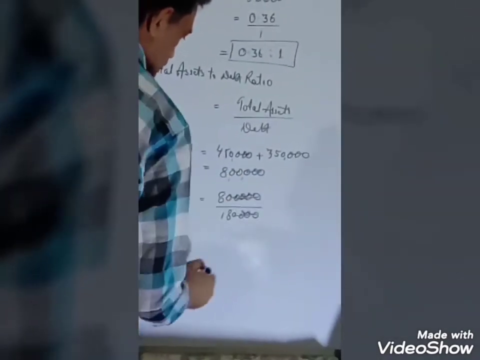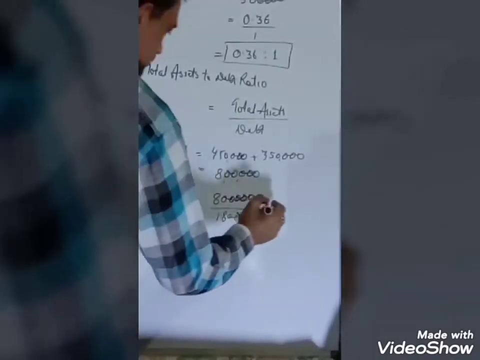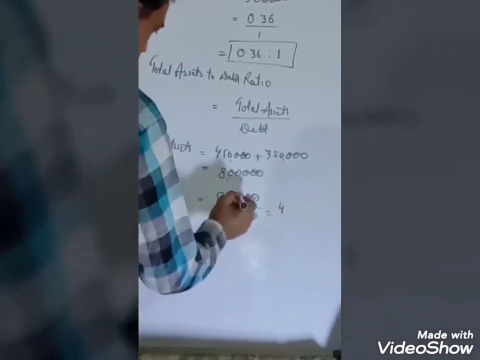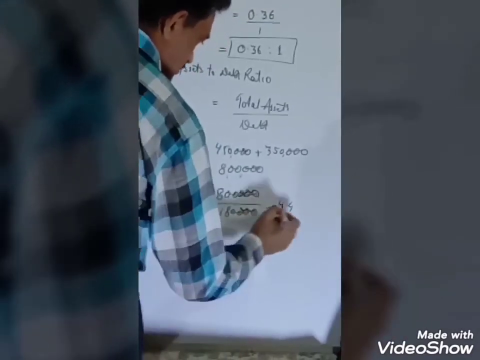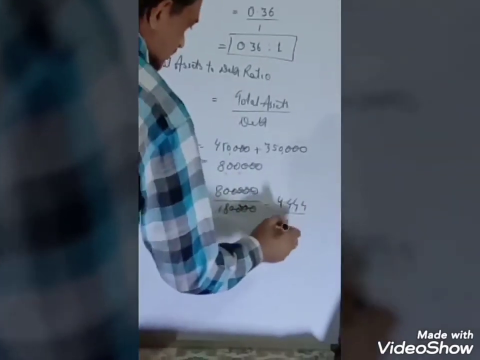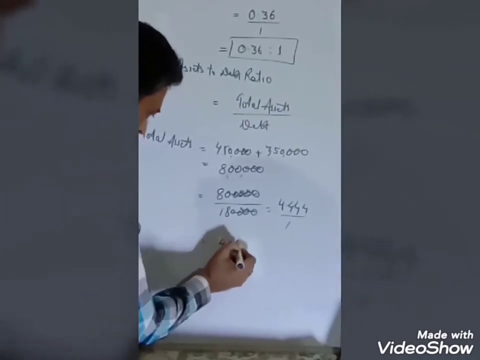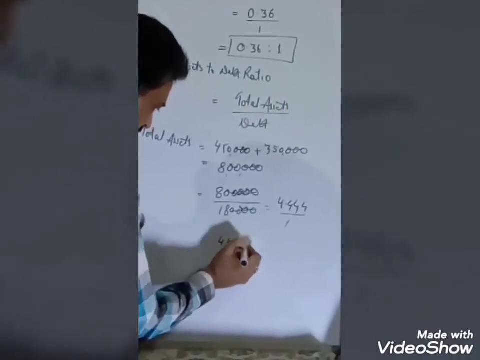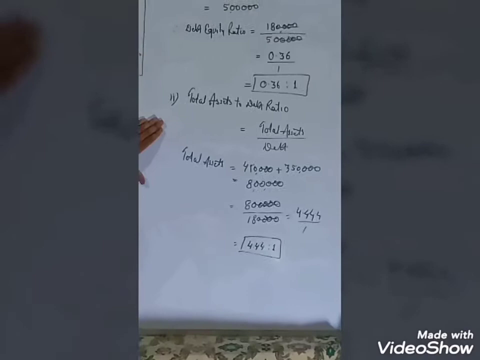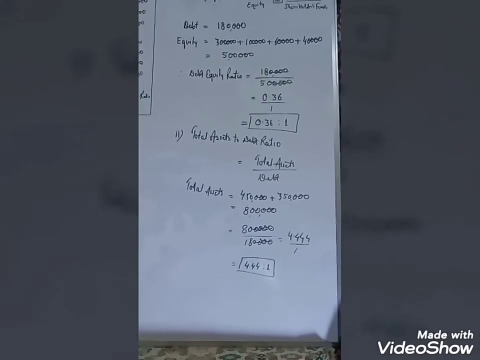So the ratio will be 4.44 ratio 1. This is the answer for total assets to debt ratio, 4.44 ratio 1.